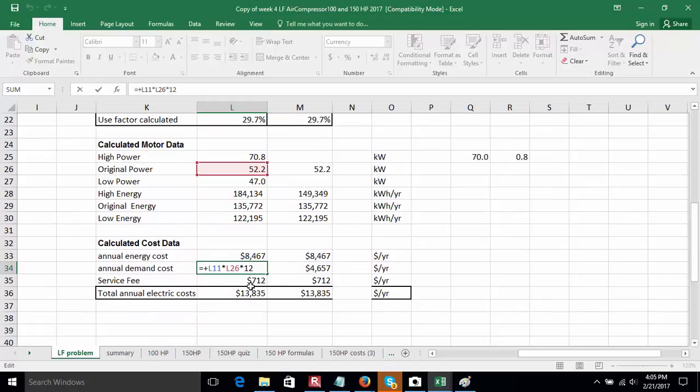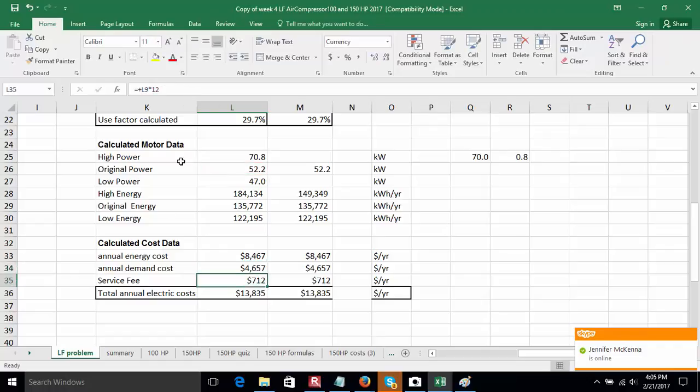For 12 months. Yeah, so we're looking at the annual. So if it was just 1 month, you're looking at $388 a month. But since we're doing the full year, times 12, there's your answer.